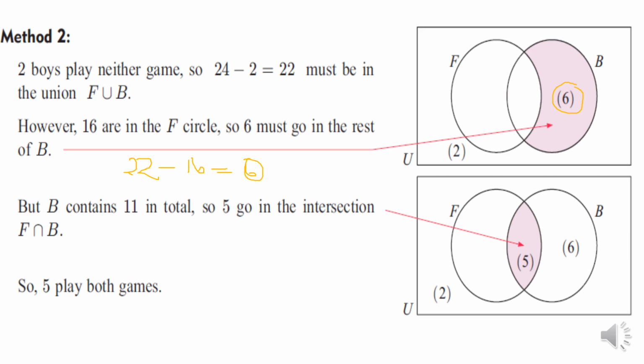So now you know that the elements in this set are supposed to be 11. So if it's 11, then you can find this by saying 6 subtracted from 11 gives you 5. That's how you can do this particular question.